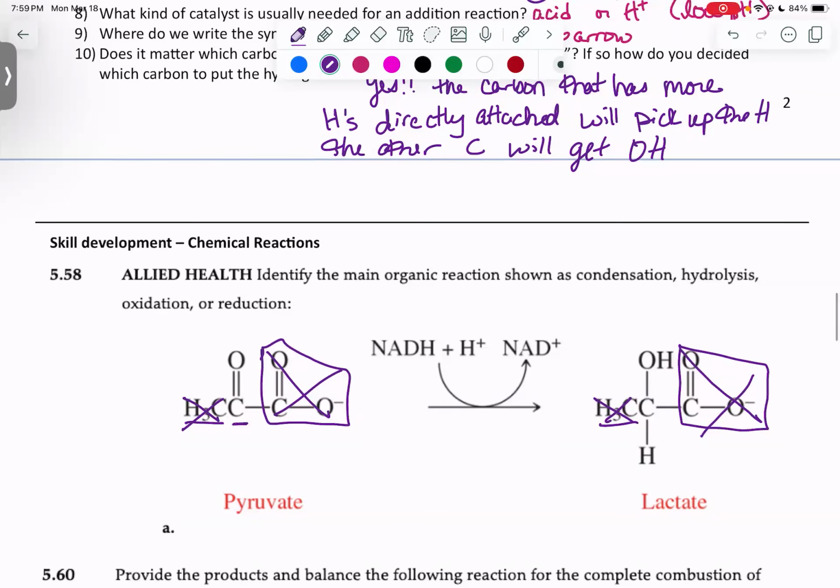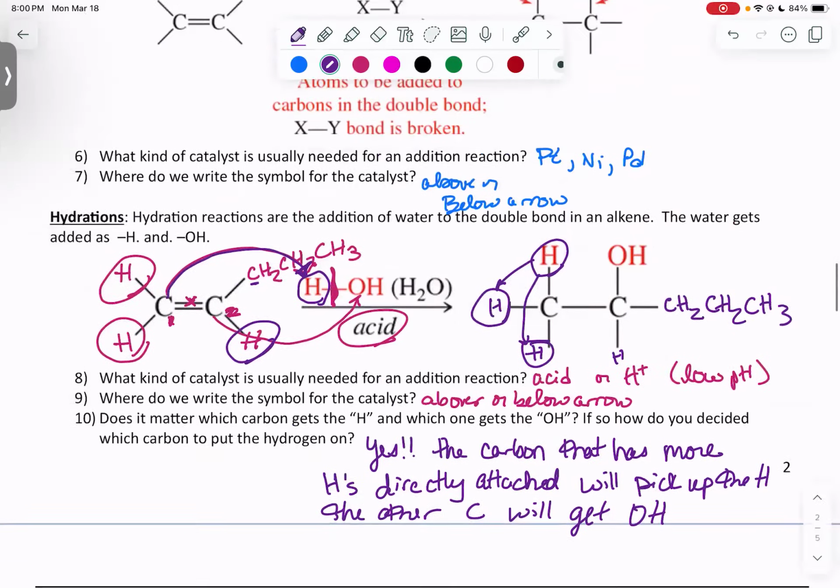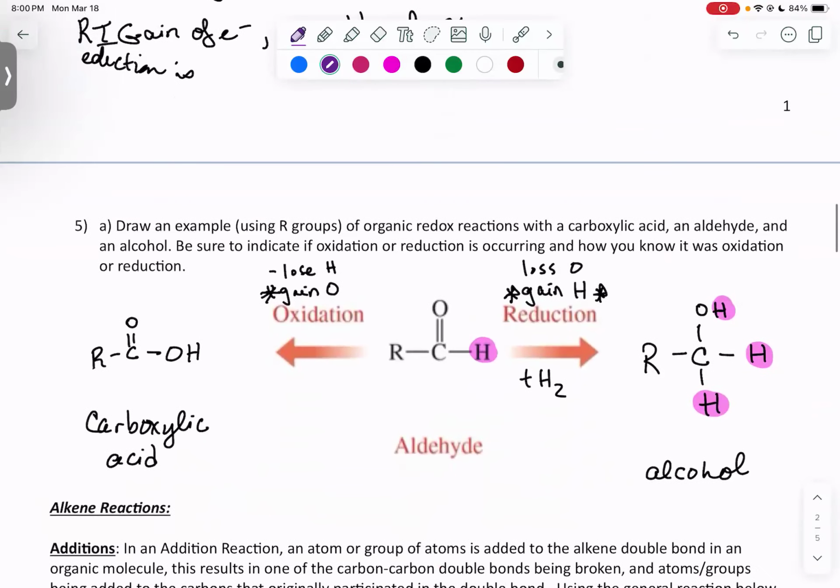So here I have something bonded to 2 carbons. So this is a ketone. And a ketone is going to undergo a reaction and it's going to turn into an alcohol. So do you remember when we had an aldehyde or a ketone, it will still work to go this way.